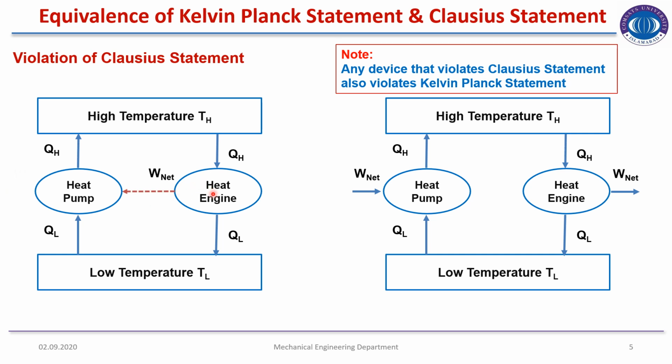The W net produced by the heat engine is equal to the work needed by the heat pump. So the work output from the heat engine will be the work input of the heat pump.